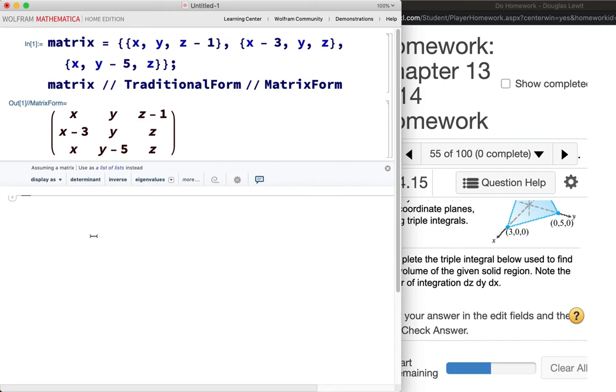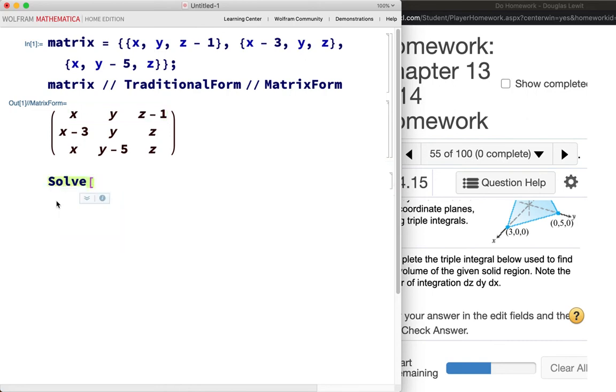In Calculus 3, you're learning about vectors. In linear algebra, you're learning about matrices. What's a matrix? A matrix is really simply a vector made up of vectors. This is a column vector, and this is a row vector. So a matrix is simply a vector of vectors, or in terms of Mathematica, it's a list of lists.